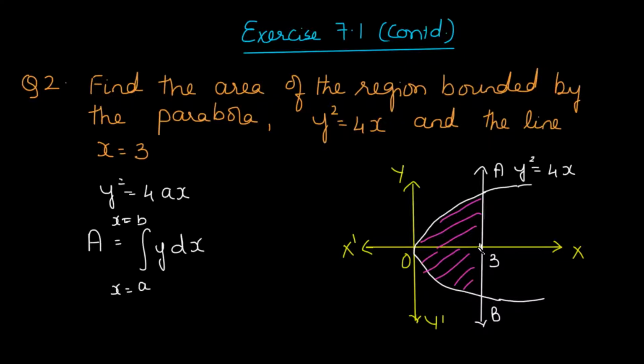And the point where the line touches the x-axis, suppose this point is C. So the required area is the area of the region OABO. Then we first find the area OACO and double it to get the required area. So that is what we are going to do over here.